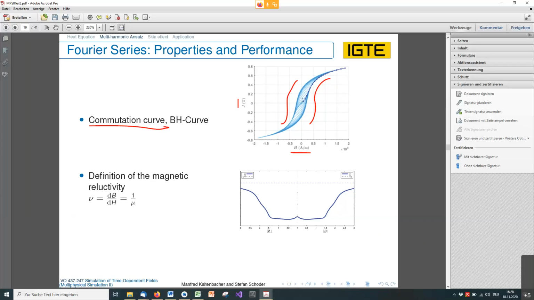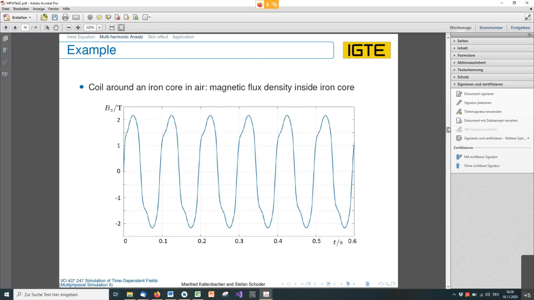And if you jump one or two slides forward to the sinusoidal shaped signal, you can see that we don't achieve a sinusoidal flux density, and this is caused by the nonlinearities of the iron material.